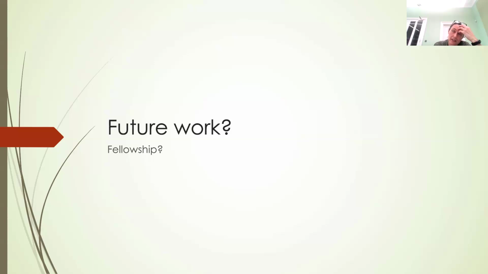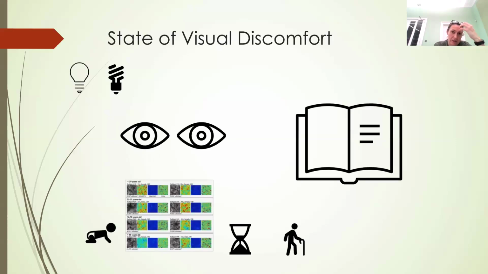There isn't a kind of field as such at the moment to enter into, but I think we also need to consider what's happening at the point of the retina, because we know that there's a lot of diversity in the colours that people can see based on the photoreceptors and the neurons essentially in the retina.